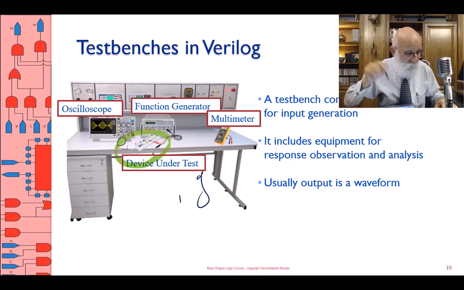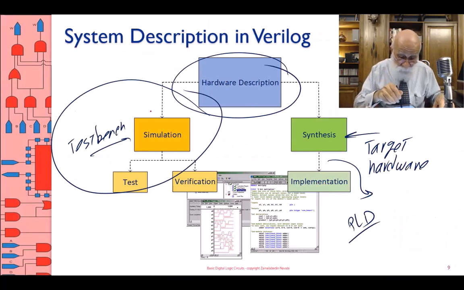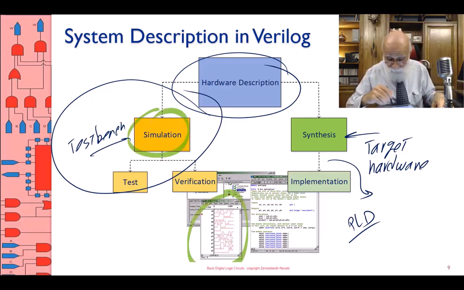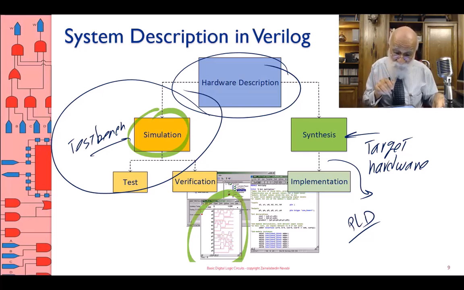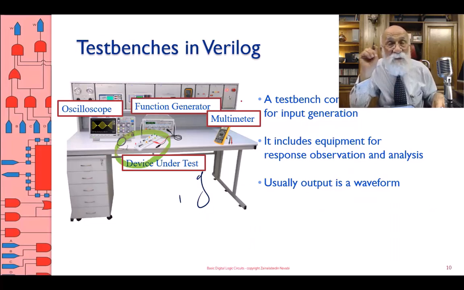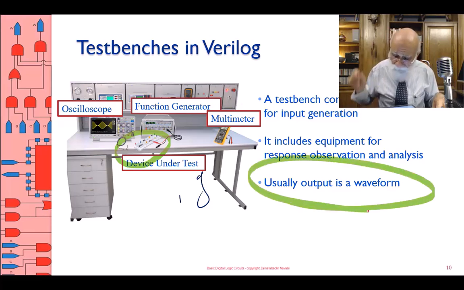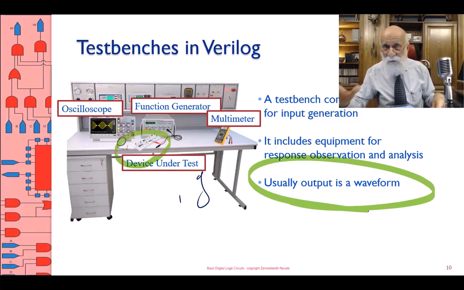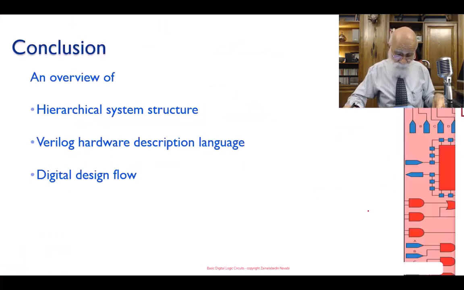That's why I'm saying that with this simulation, I have the test bench and my model, and I will be able to verify the waveform. Look at the waveform here. The waveform is a virtual waveform that I will be able to see with my virtual test bench. Usually, output is a waveform or reports. For a simple circuit, let's stick with waveforms.